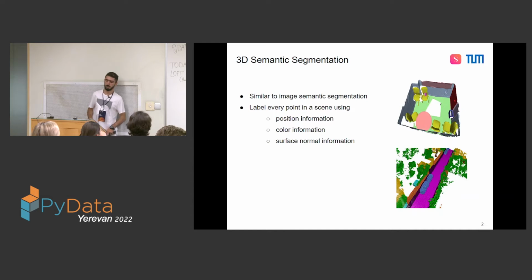And usually we label the points in a scene using the position information like X, Y, Z coordinates of the point in the scene, also utilizing color information of the point, and also surface normal information.